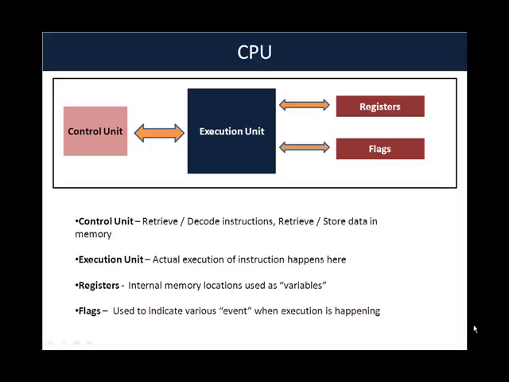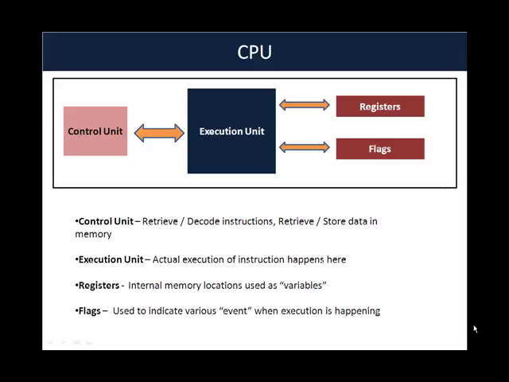Finally, we have the flags, which are used to indicate various events when the execution happens. So as an example, let's say we have something called the zero flag, which is set whenever any instruction results in a zero. Let's say you go ahead and add two numbers or subtract two numbers and the result is zero, then this flag is appropriately set.